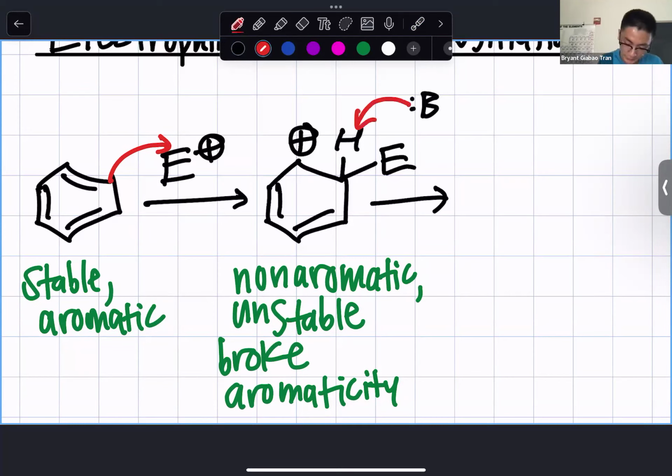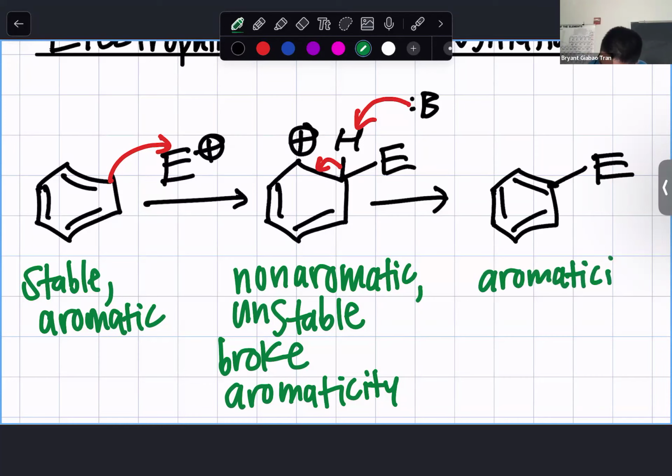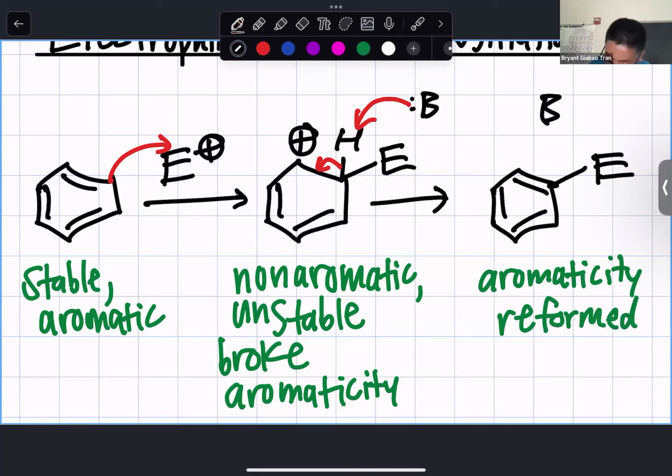That base is going to grab that hydrogen and form a double bond there. There's no leaving group, so we don't kick out any leaving group. This was a carbocation, so this is an E1 reaction where we form a double bond there. And now our aromaticity is reformed. And we also get this side product where the base is protonated.